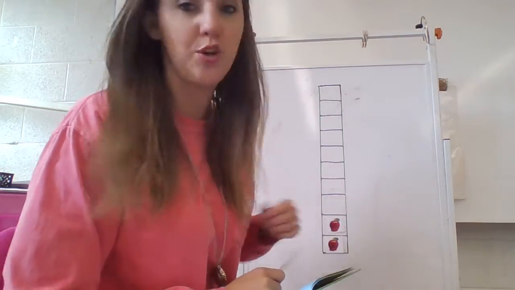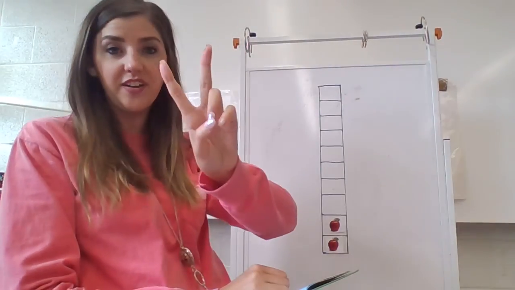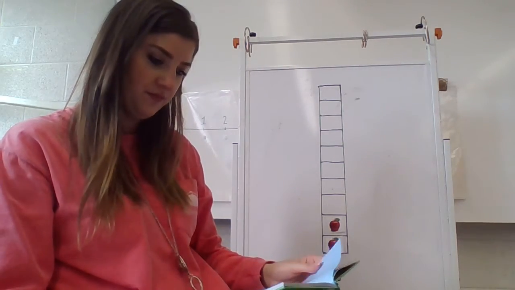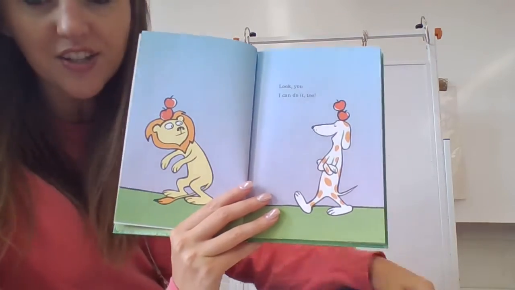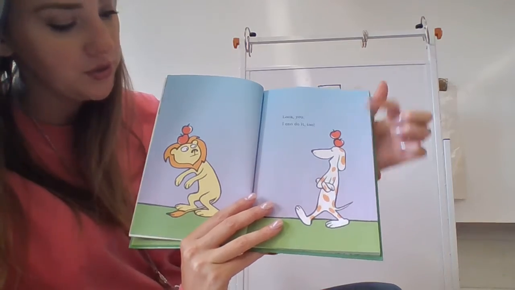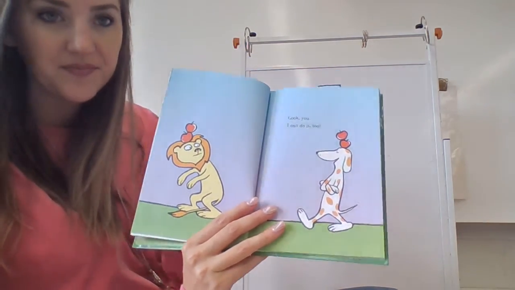We can represent 2 with pictures. And we can hold 2 up with our fingers. Look, I can do it too. They both have 1, 2 apples on top of their heads.